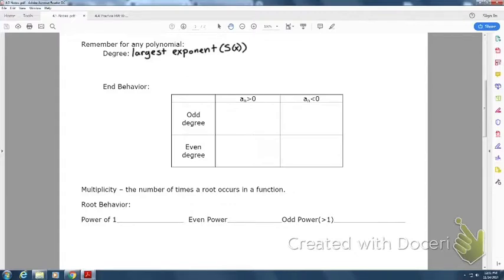If it is in factored form, and we're going to see this a lot more today, how you find the degree of the entire function: the function's degree is the sum of all the factors' degrees.